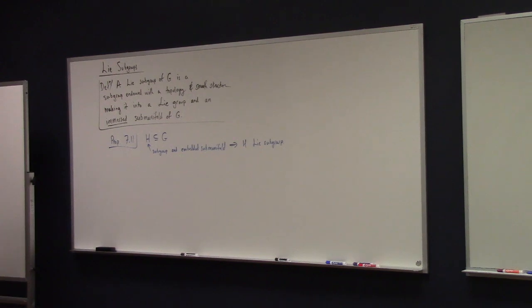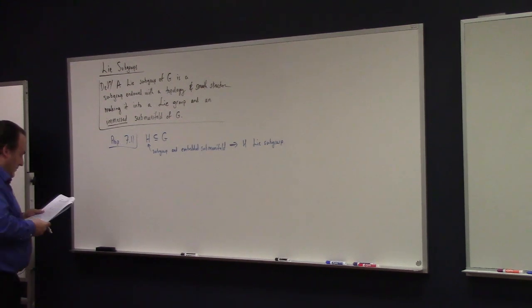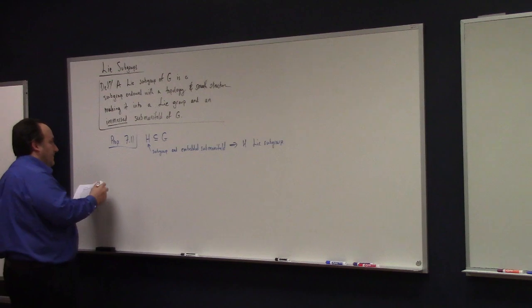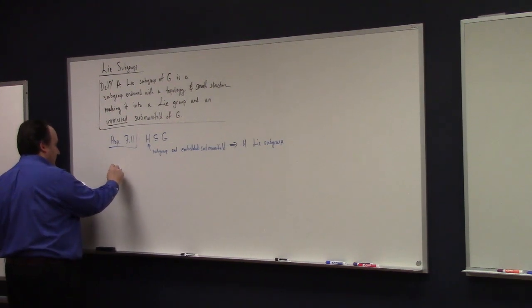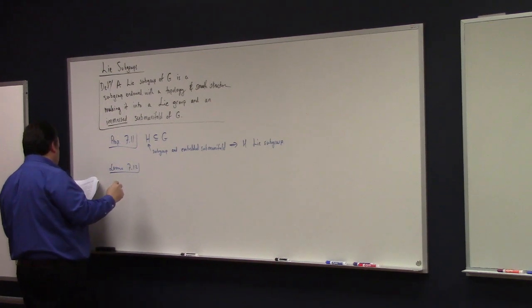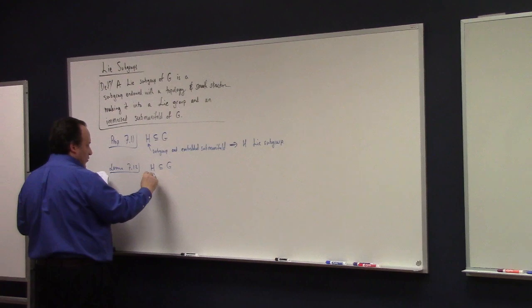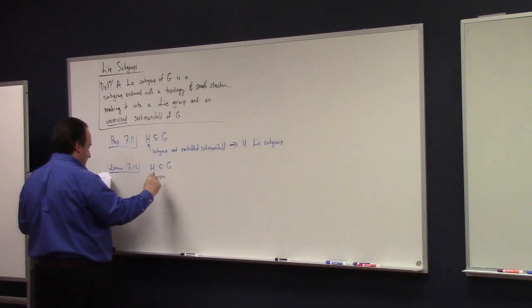Proposition 7.12. Suppose G is a Lie group, H is an open subgroup, then H is also an embedded Lie subgroup. Oh, this is going to be Lemma 7.12. So Lemma 7.12: H, a subset of G, open in the topological sense, right?